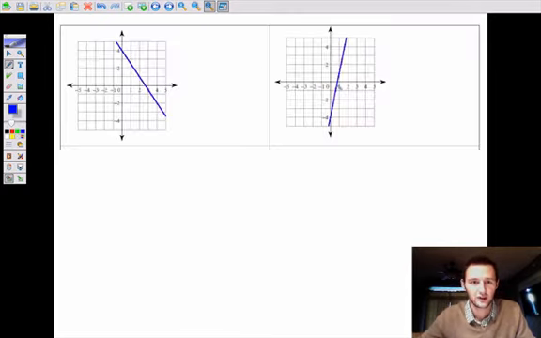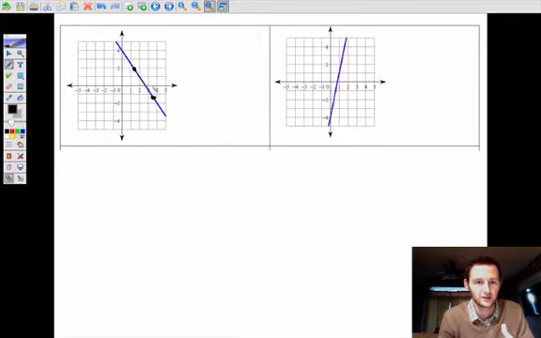Okay, so in your first example here, you're going to want to pick out 2 points that make it easy for you. So I'm not going to pick that one and that one because I would have to estimate. I really have no idea what those 2 points are.